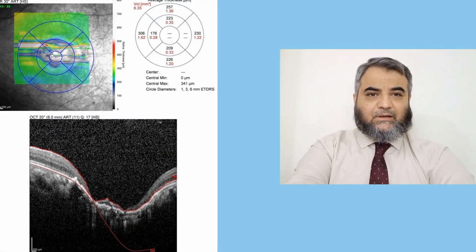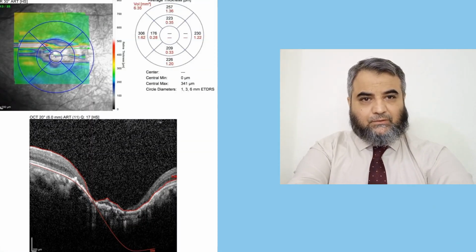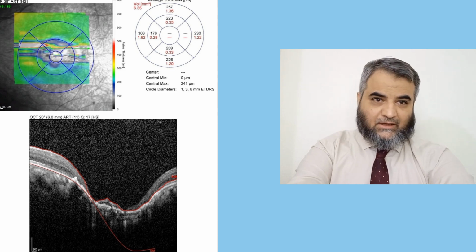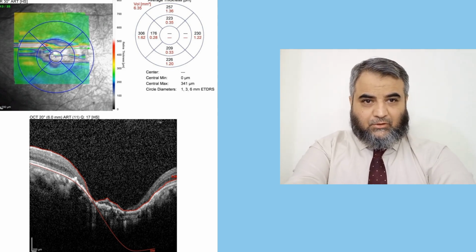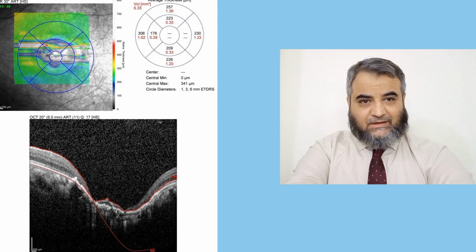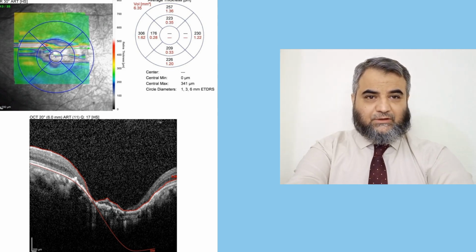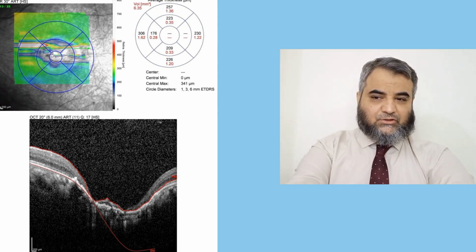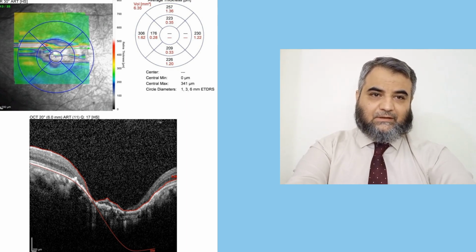Another Heidelberg image shows how that excavation is happening in the macular area of the other eye. The normal retina immediately takes a dip and makes this crater. So retinochoroidal excavation is shown with destruction of the different layers of the retina.